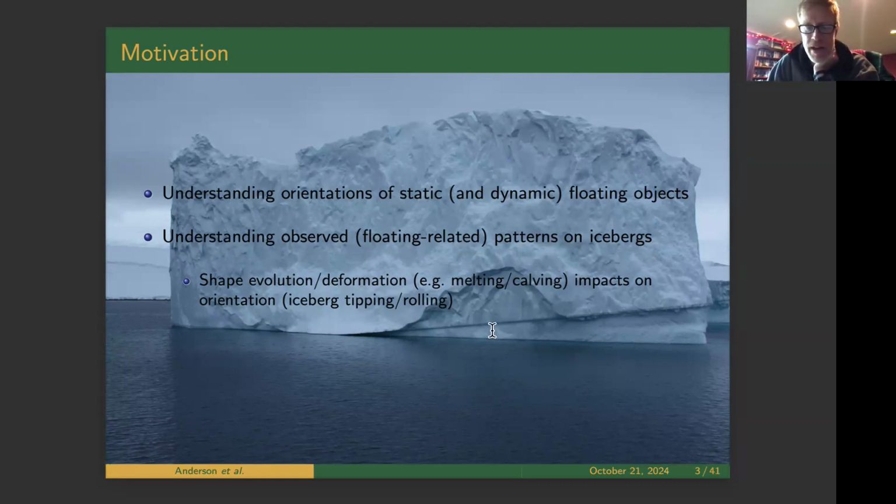But I'm thinking of things like this line here that looks like a water line from some previous orientation of this iceberg. We're motivated by the shape evolution problem, deformation, so like melting or calving events, and then possible tipping and rolling events as well.